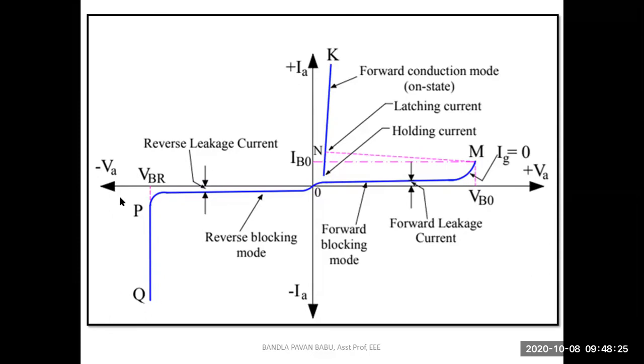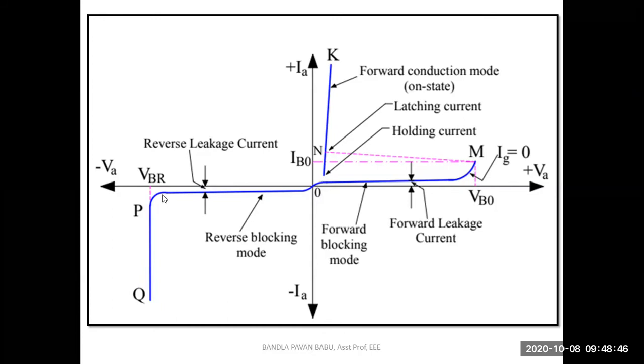This region is the avalanche breakdown. During the reverse blocking mode, a small amount of leakage current appears. Since the anode is negative and the cathode is positive, a reverse leakage current appears.